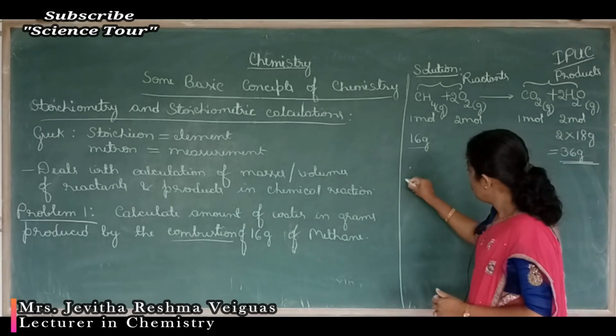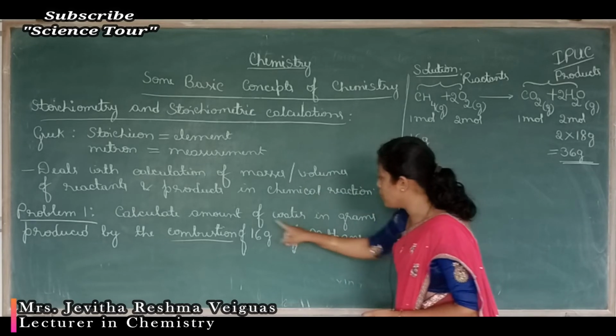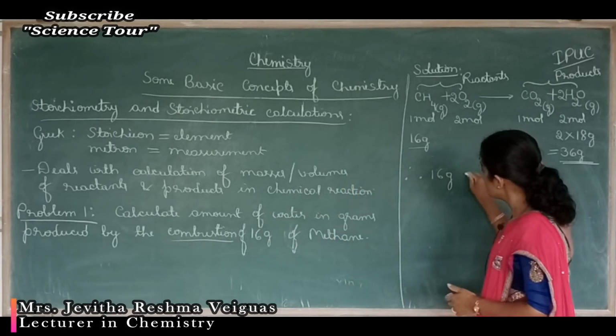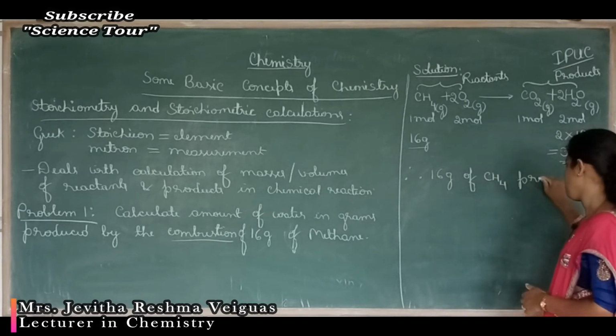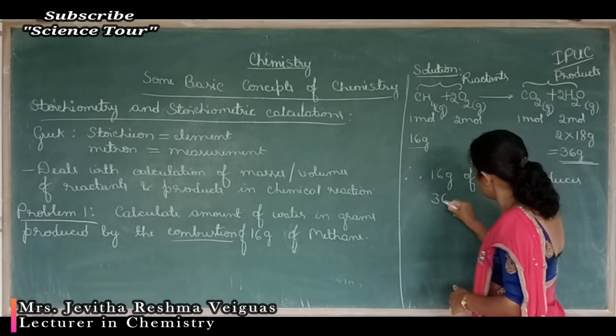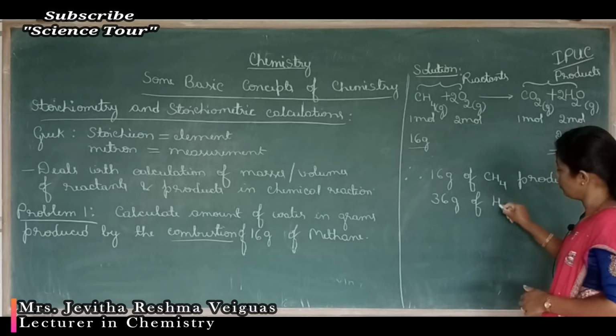So what is asked is, 16 gram methane produces what amount of water. Therefore we can conclude that 16 grams of methane produces 36 gram of water.